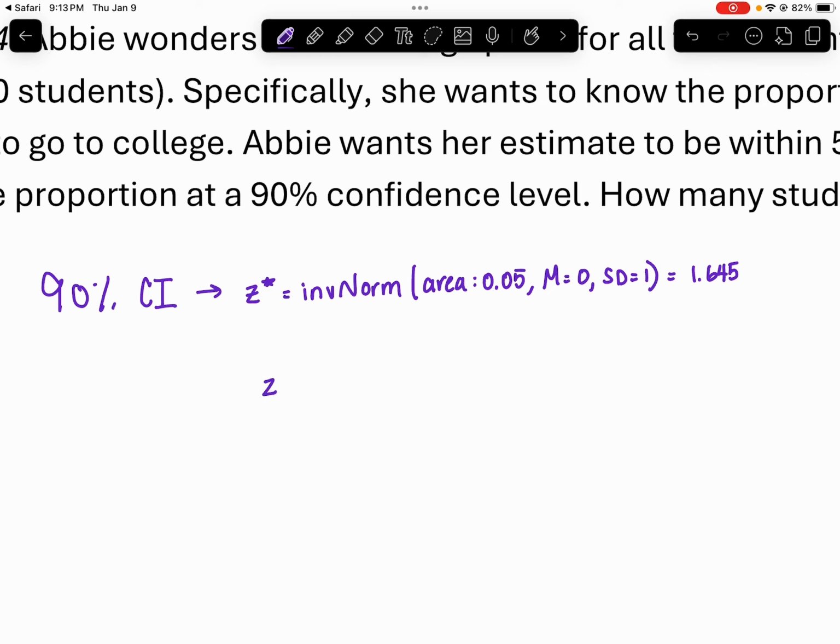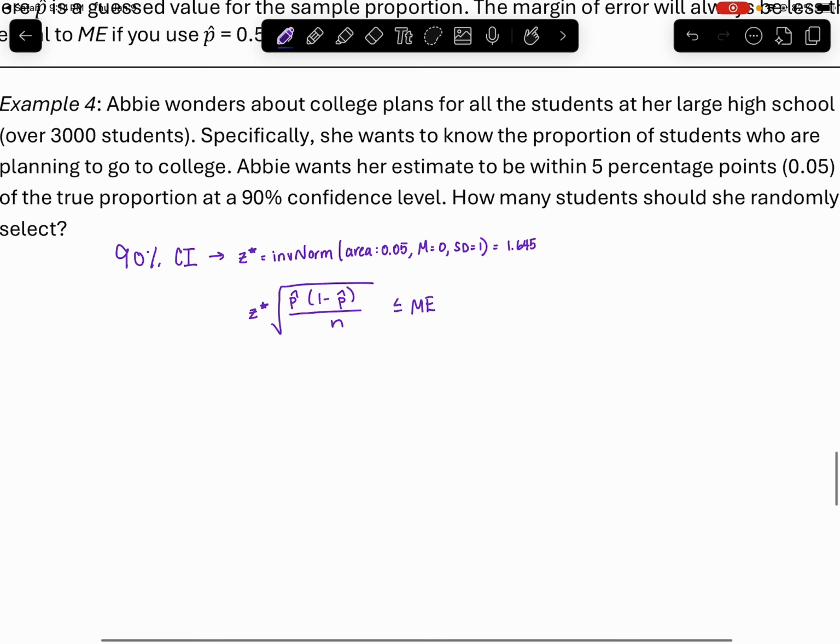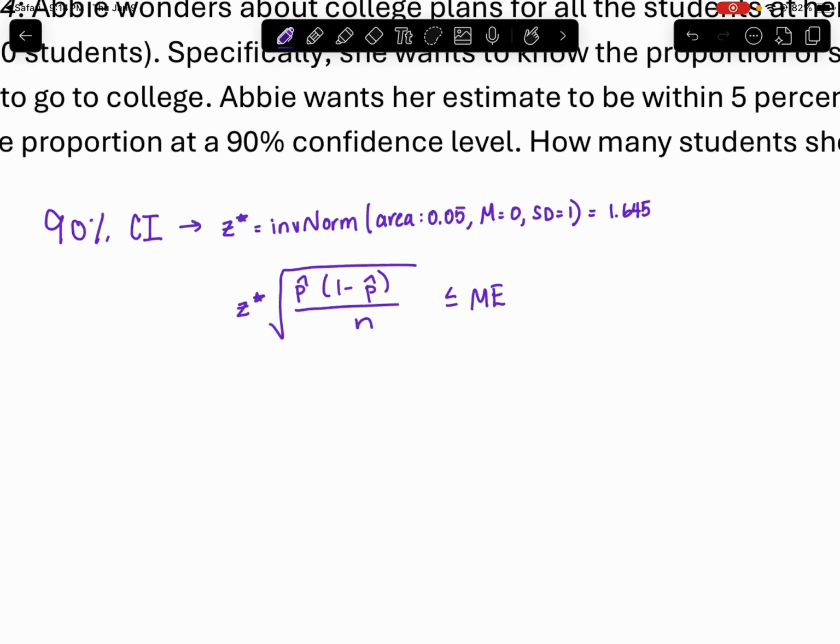So it is our z star value times the square root of p hat times 1 minus p hat all over n, and we need to make sure that is less than or equal to our margin of error. And again, we need to solve this for n, because it's asking how many students should we randomly sample.